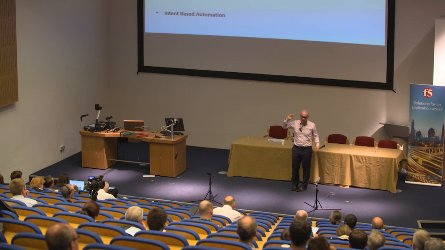Intent-based automation, this is essentially hooking up the automation with some sort of big data analysis that tells us what the intent should be. And that could be troubleshooting. I think somebody mentioned earlier we don't want to go and remove Skype from everybody's desktop, which of course we don't, but we can't not do it for that reason. What we need to look at is somebody's being attacked.